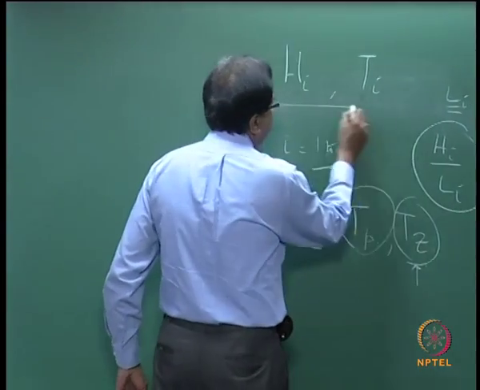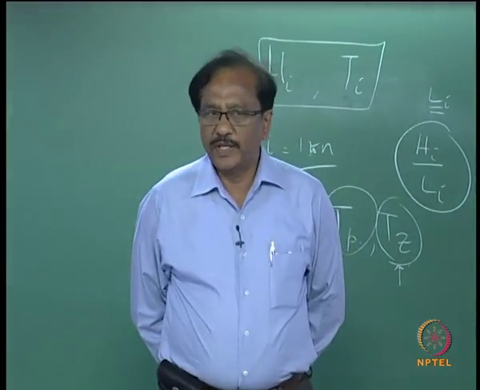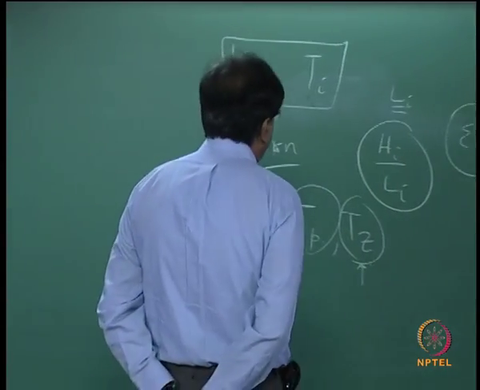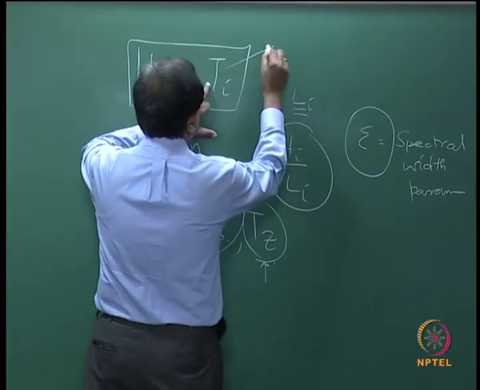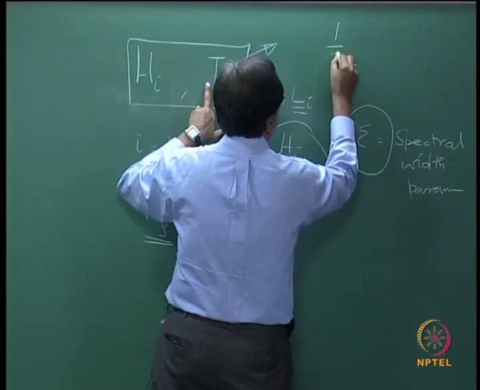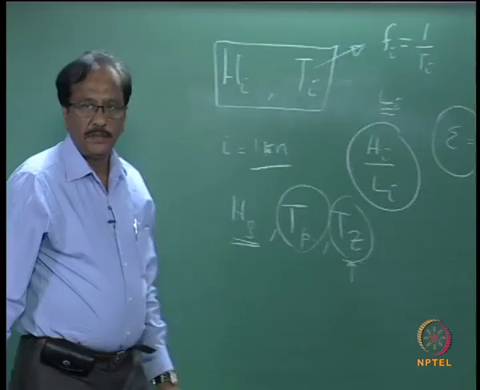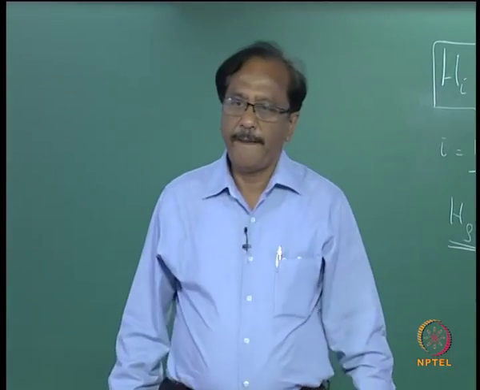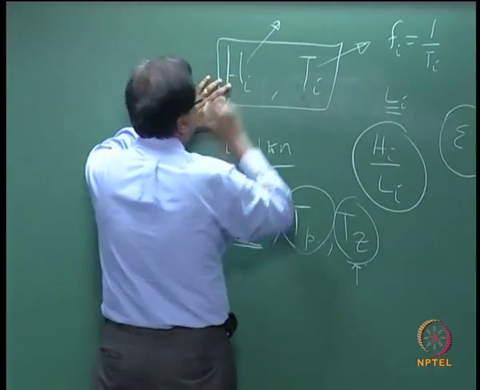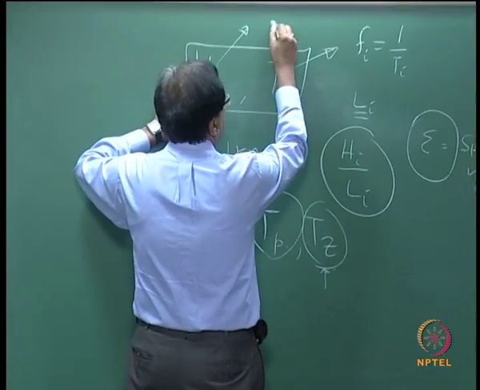When we have a combination of a number of waves with different wave heights and wave periods, you know that the wave period can be represented as frequency, which is 1 by T, and you know that Hi squared is nothing but energy.